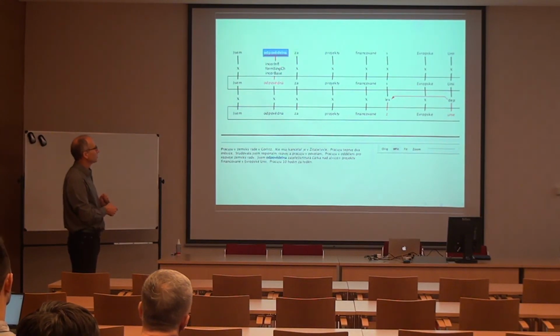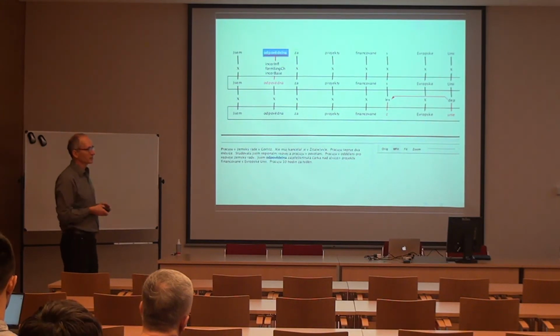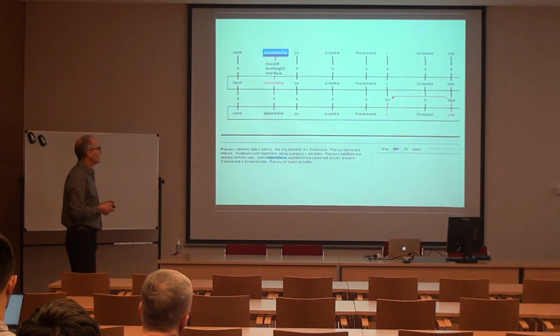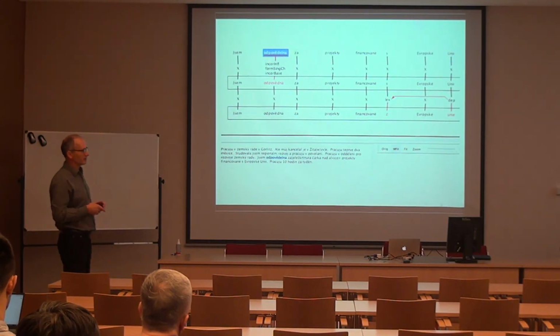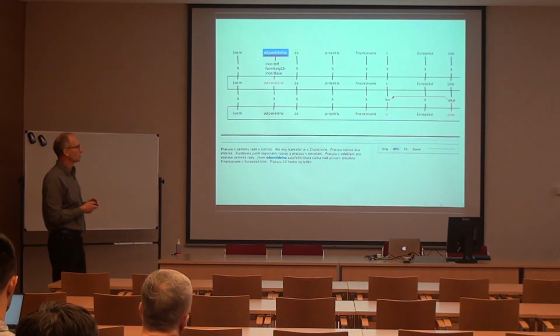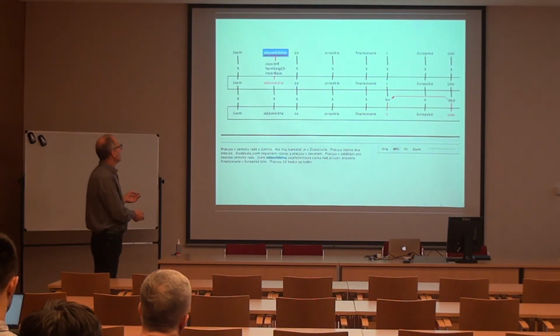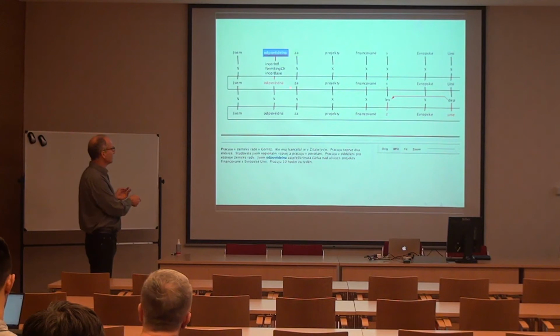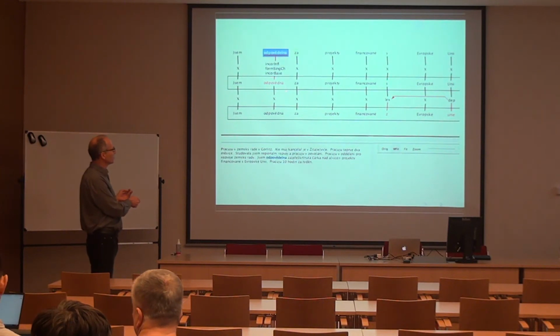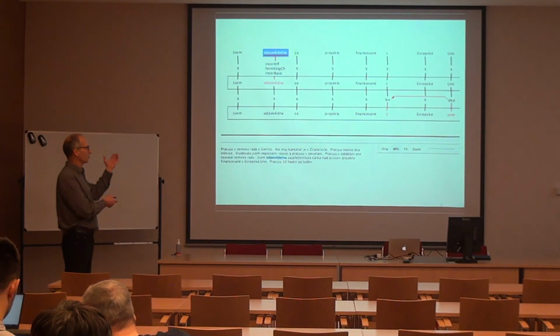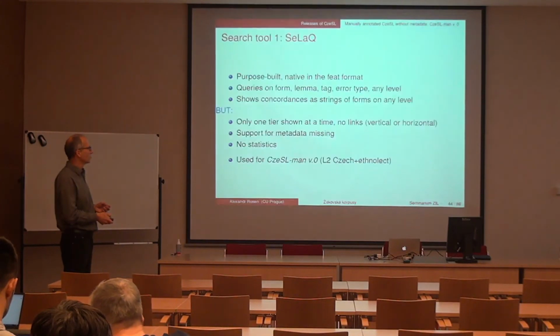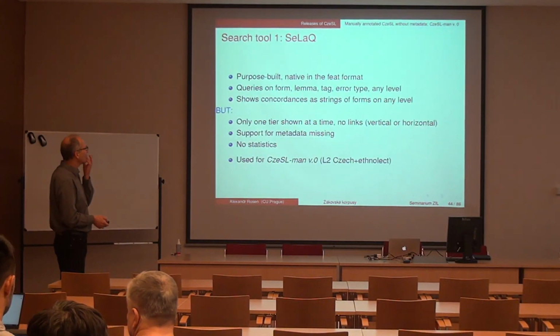So you can also see the formal errors, the errors that you can assign automatically, and you do these arrows, pointing to the source of the error. And you see those incorrect words highlighted, so that you would know that you have to correct that.